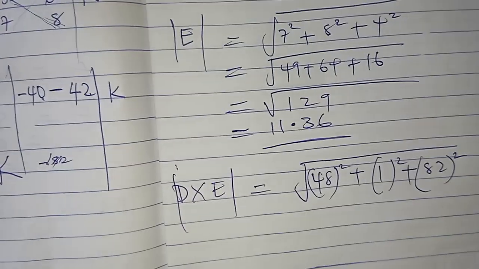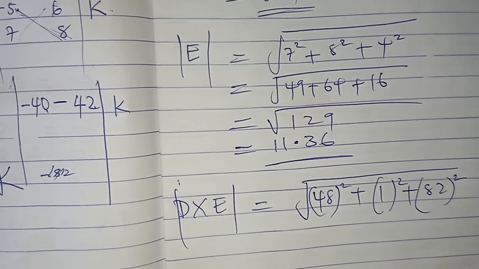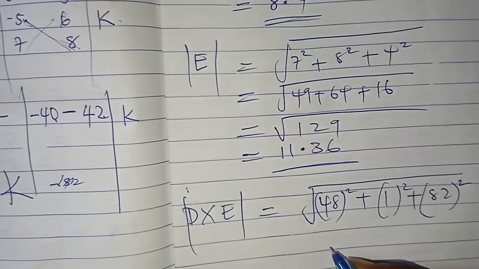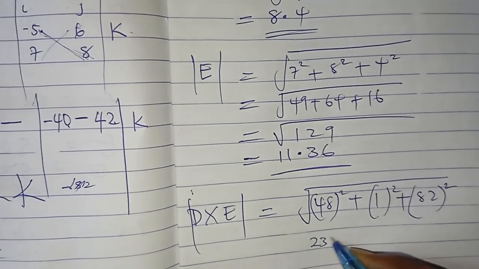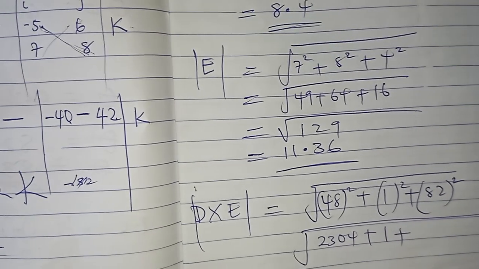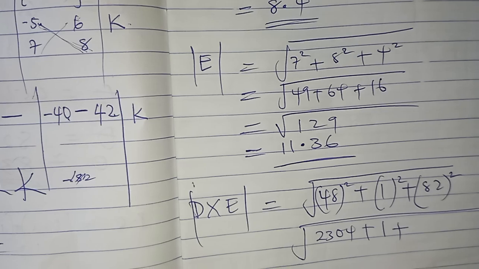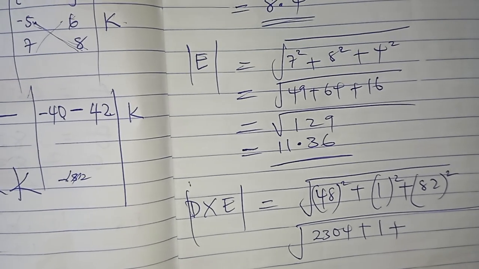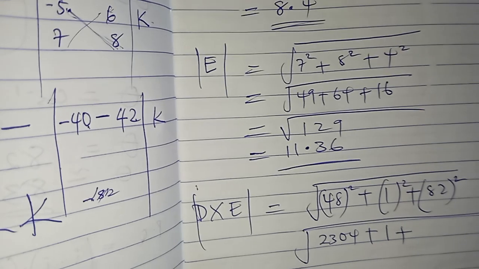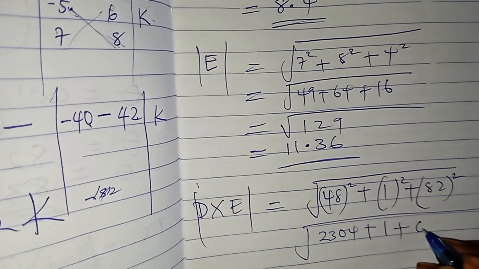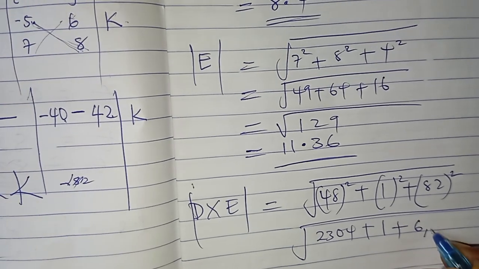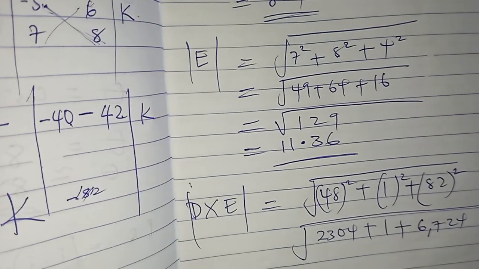So let's do it. 48 raised to power 2 is 2304, plus 1, plus 82 raised to power 2, which is 6,724.